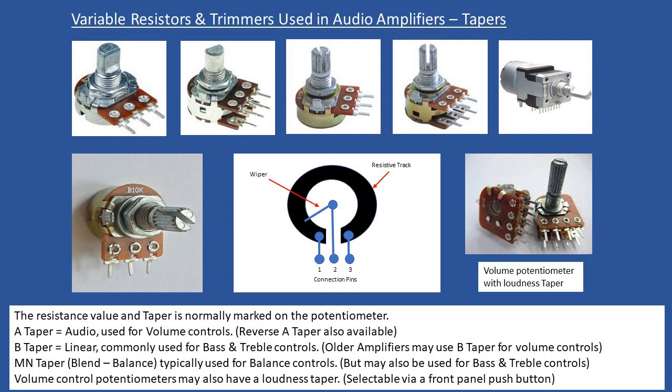By doing that, I'm able to tap off a resistance value. So if we think about a volume control being an attenuator, as I increase or decrease, I will attenuate the signal, I will reduce it, or I will increase it by decreasing the amount of attenuation.